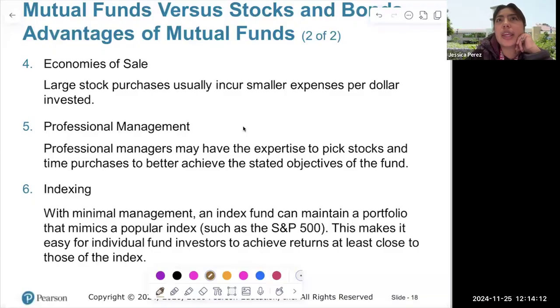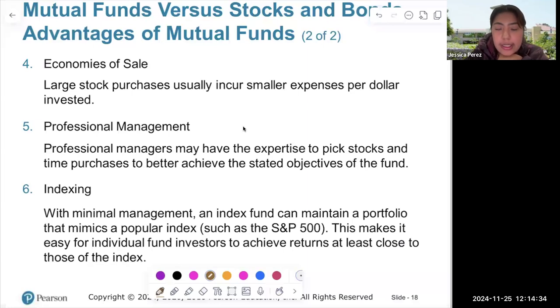So for example, if I hire a financial planner or a researcher who knows about stock exchanges, then that person will do the selling and the stocks and everything for me.